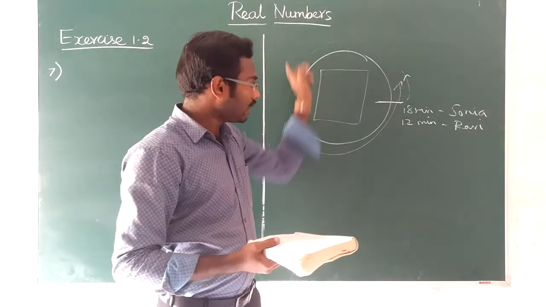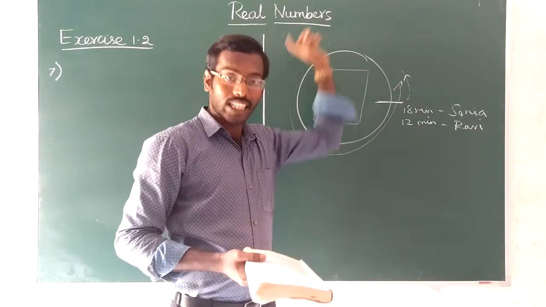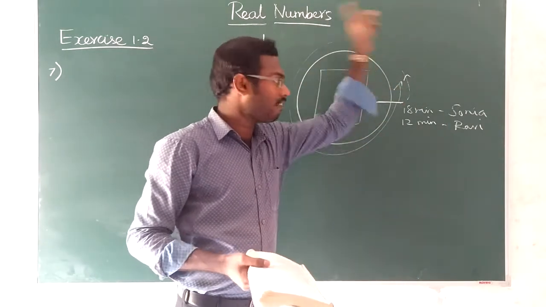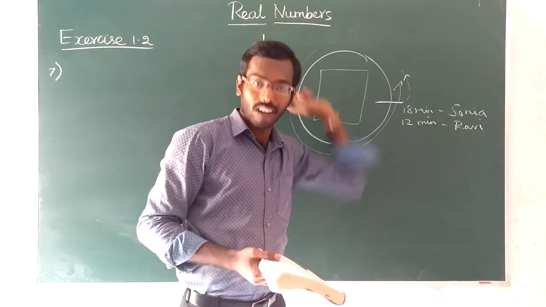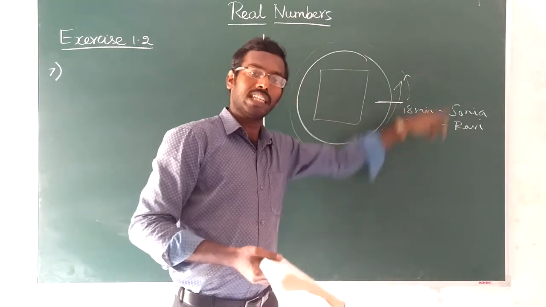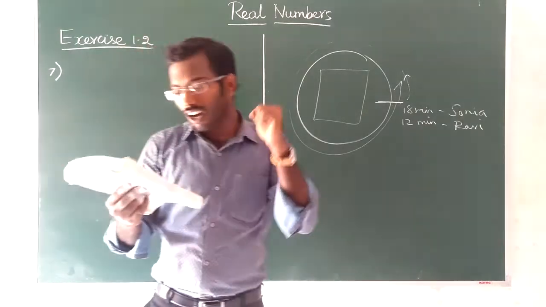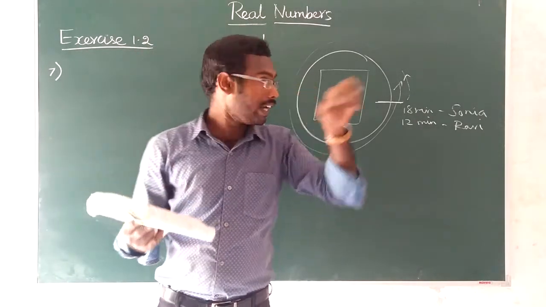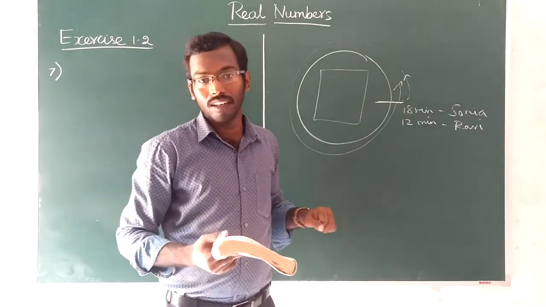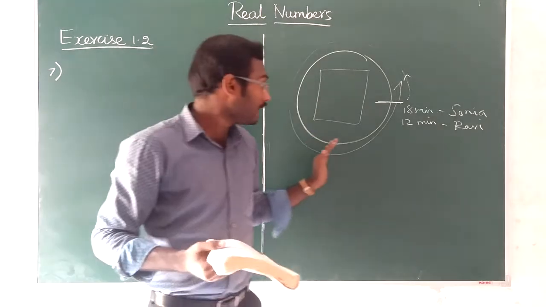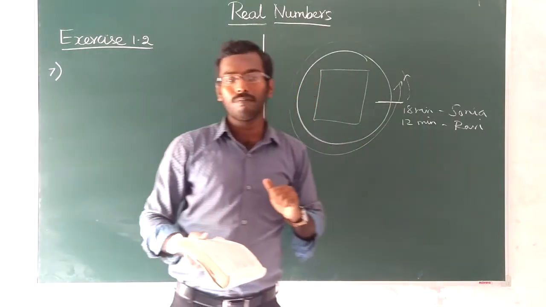They are going like this continuously. Ravi, 12 minutes, 12 minutes, 12 minutes. Sonia, 18 minutes, 18 minutes, 18 minutes. So the question is, after how many minutes will they meet again at the starting point? Not just crossing anywhere, they should meet at the starting point.